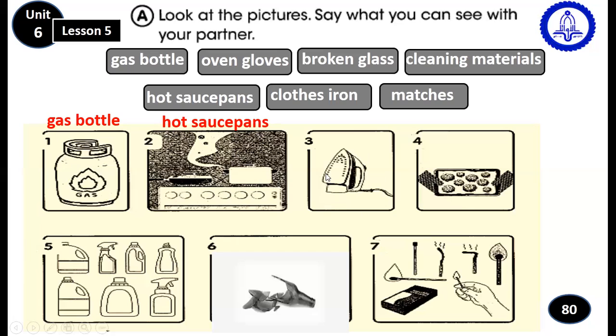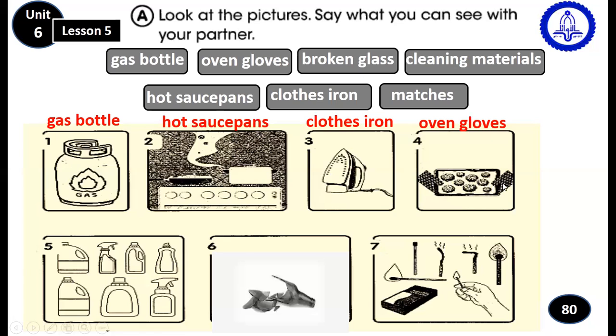Picture 3, we have a clothes iron. Picture 4, we can see oven gloves. As you see here in this picture, we have the biscuits or cookies, and we have oven gloves.